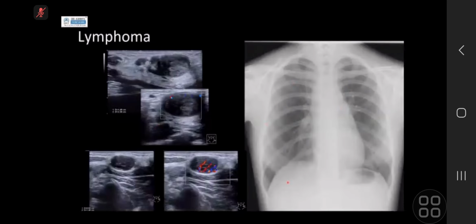This is the X-ray of the child who had this ultrasound. The mediastinum looks a bit more prominent, though part of it could be the sternum. It was raised as a suspicion, so CT was done, which showed small but not too enlarged nodes.